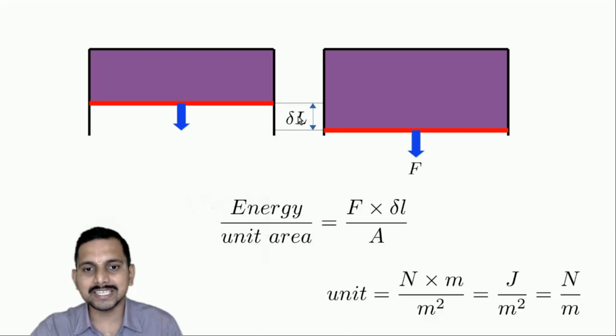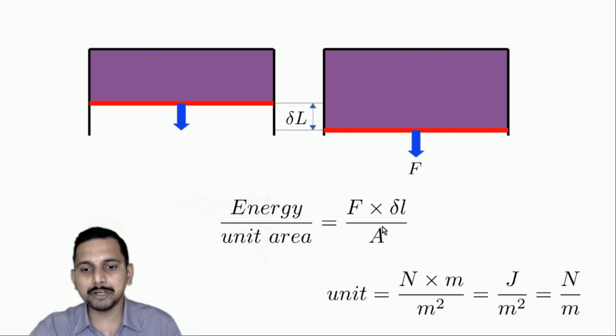If you remove this force, it will go back to its position. So to create this new extra surface, I have supplied some energy to the soap film. That energy is equal to force into the distance delta L.